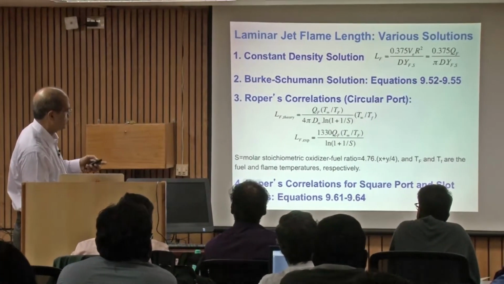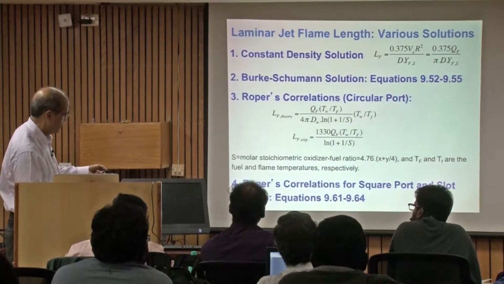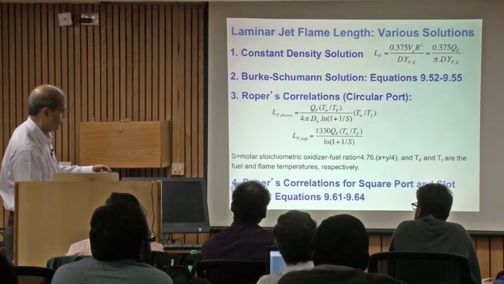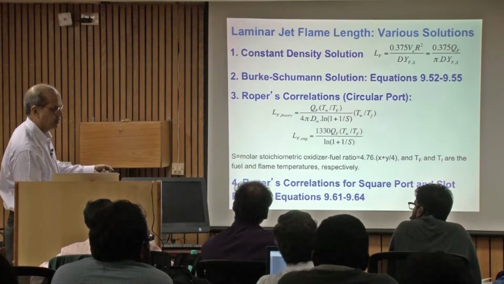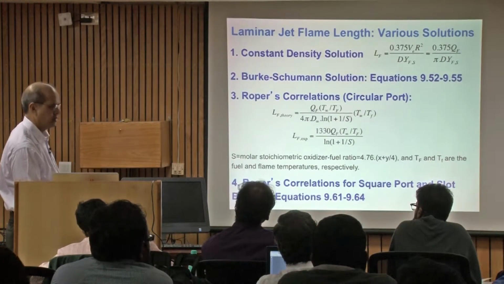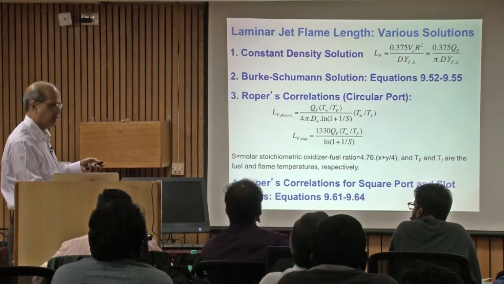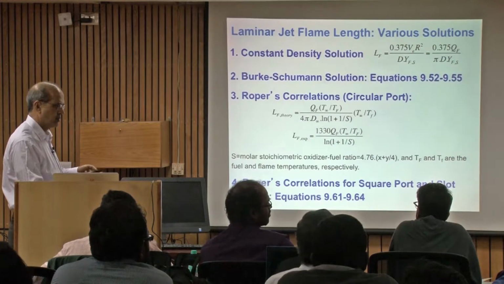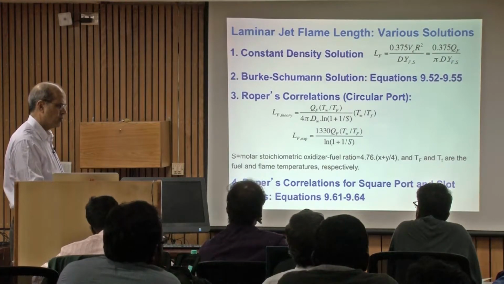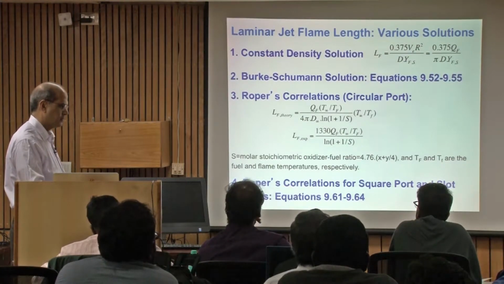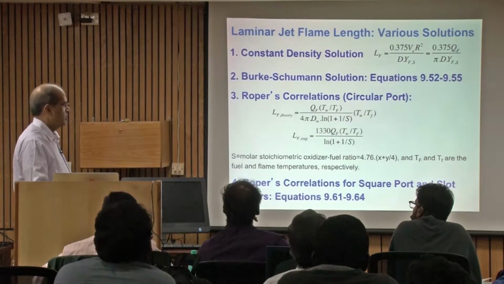Yeah, that's for the circular. Well, that's a very timely question. I'm going to discuss other jets, rectangular jets or square jets. That's what you are asking, right? The first solution, the constant density solution, is valid for a circular port.